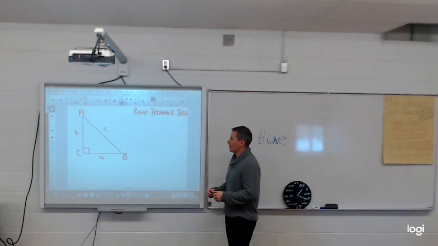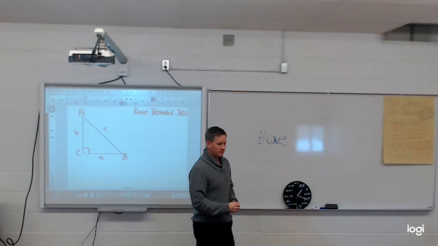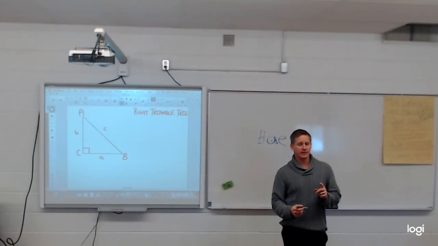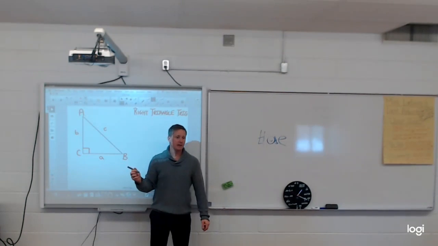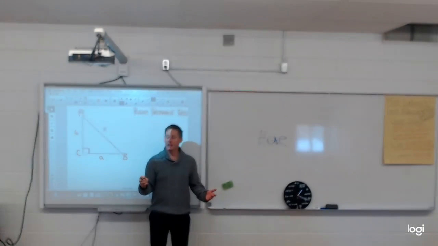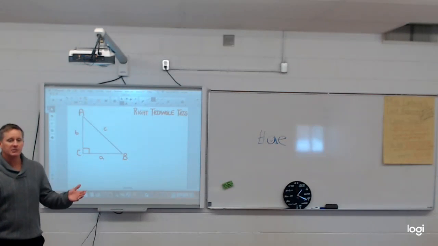If you think about it, what do these three angles add up to? 180. So if I have one angle as 90 degrees, both of these angles then have to be smaller than 90 degrees. They can be any measure. They're going to add to give you another 90, but they have to be smaller than 90.